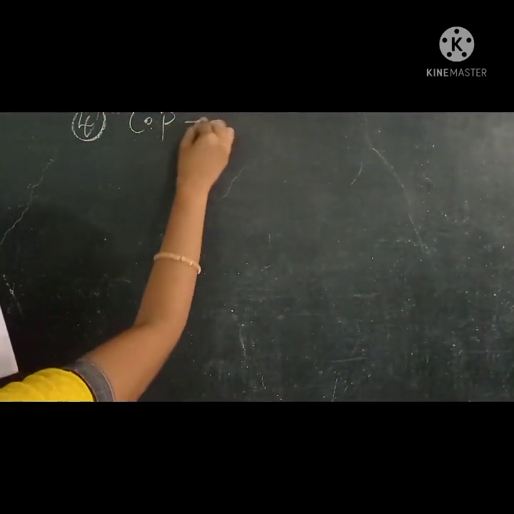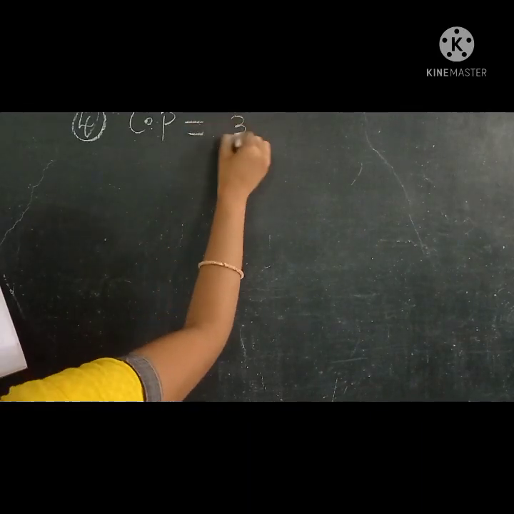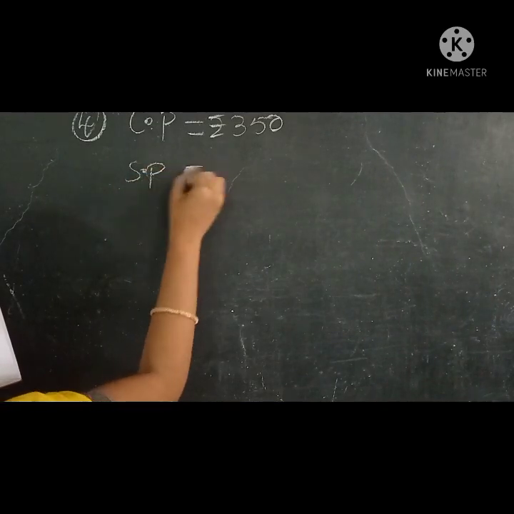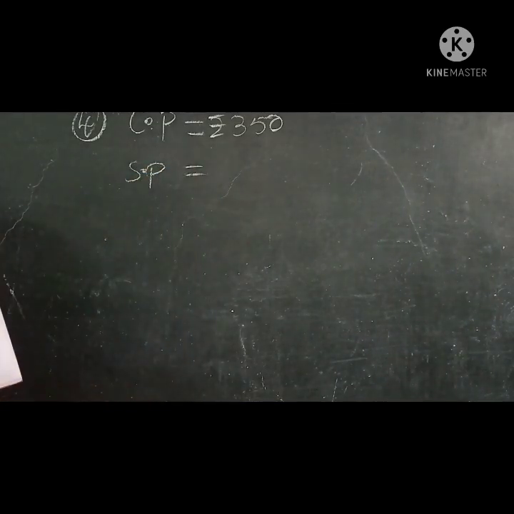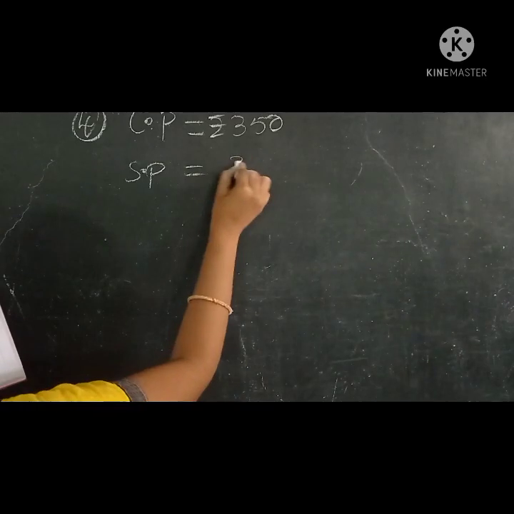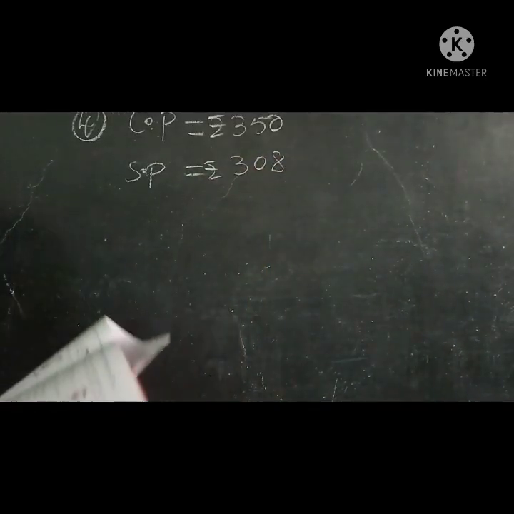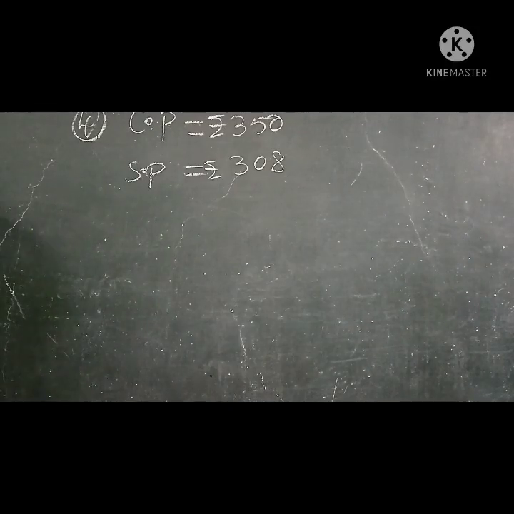Next, fourth one. What is the next one? Cost price is equal to 350 rupees. Selling price is equal to, what is the selling price? 308 rupees. So here profit or loss, Nana?